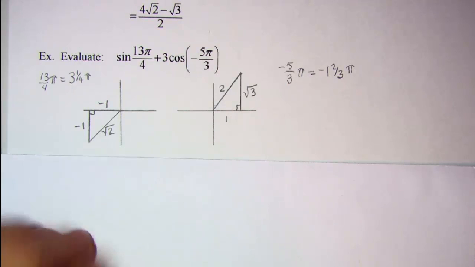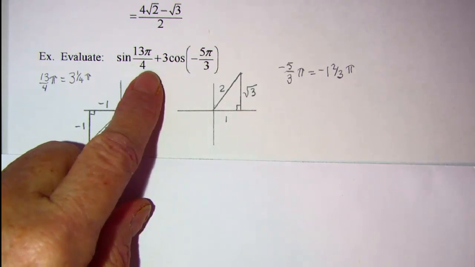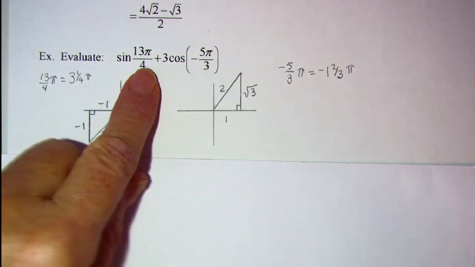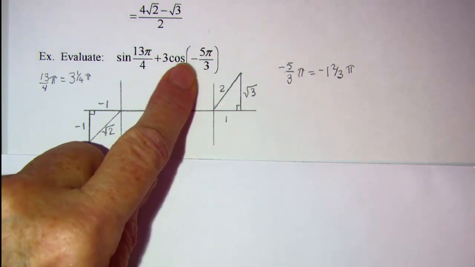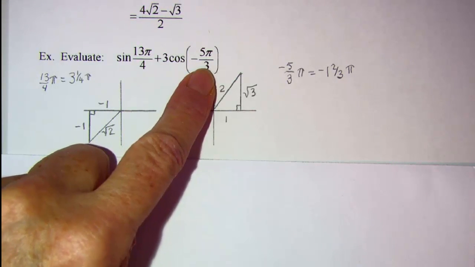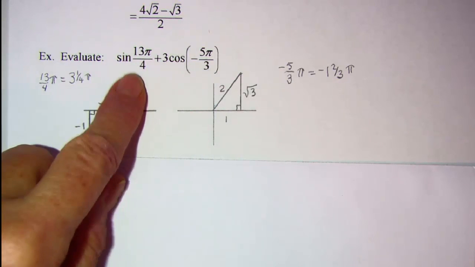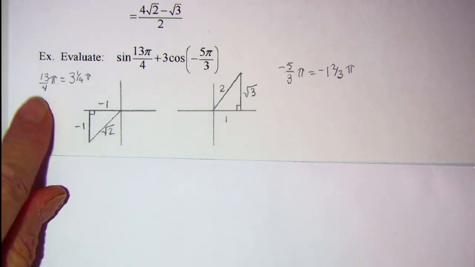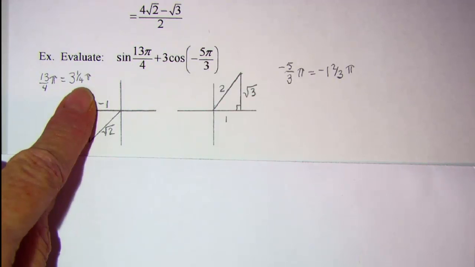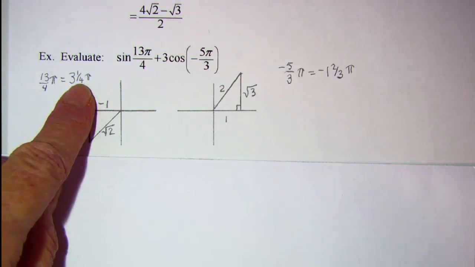My next example, I have the sine of 13 pi over 4 plus 3 times the cosine of negative 5 pi over 3. Now the way I would look at this, 13 pi over 4 is the same as 3 1/4 pi.